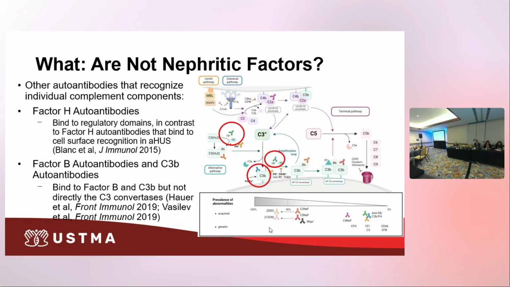Autoantibodies to factor B and C3b have also been described in a minority of patients with C3G, and these autoantibodies bind the component of the convertase, but not the assembled convertase as a whole.